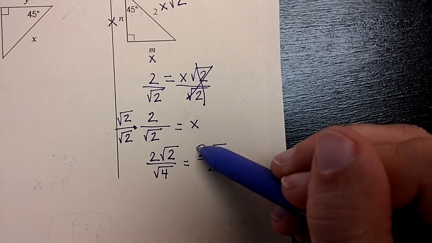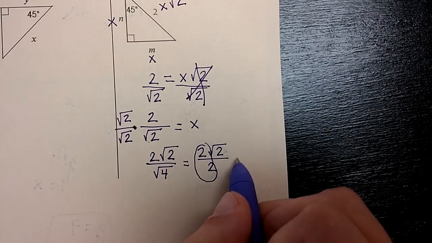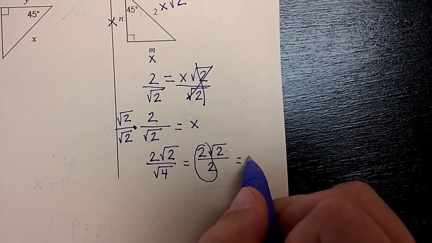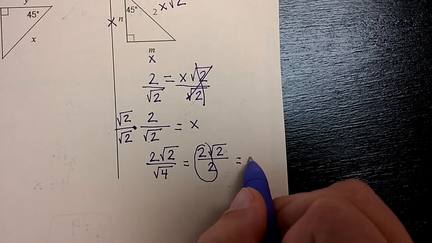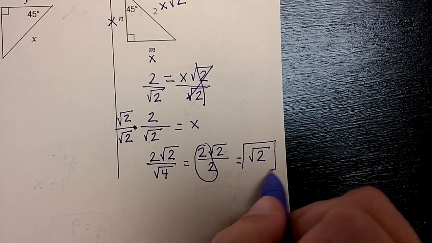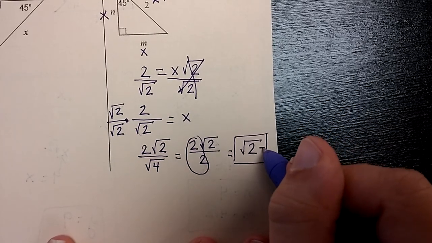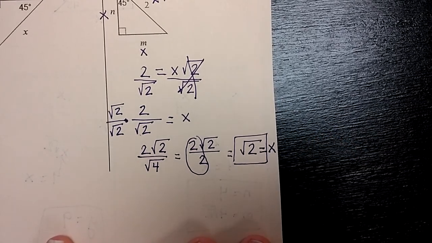And lastly, we can simplify these outside numbers. 2 divided by 2 is 1. You don't have to write a 1 coefficient in front of the radical, so I'm just going to leave it as root 2. You can write a 1 if you want, but it's not necessary. So root 2 is equal to x.